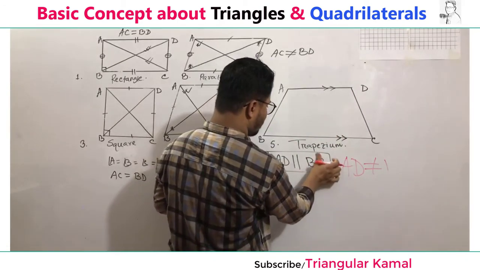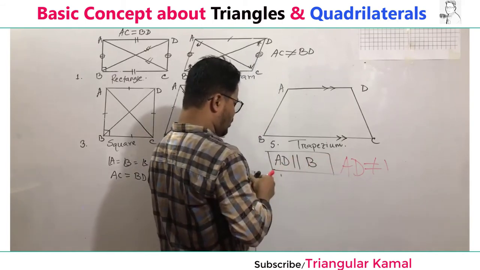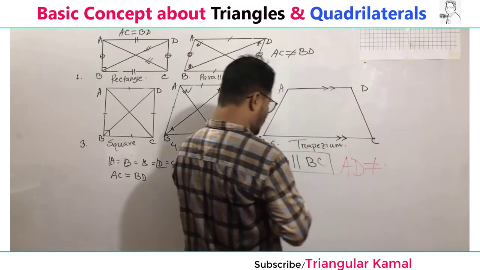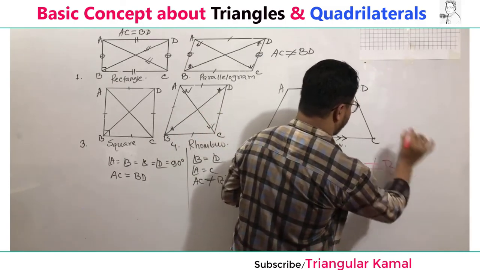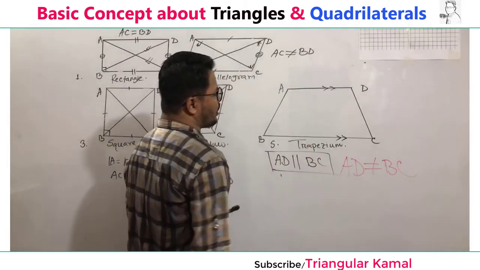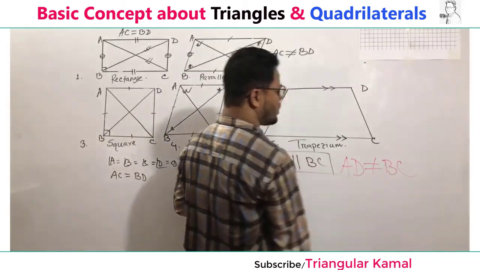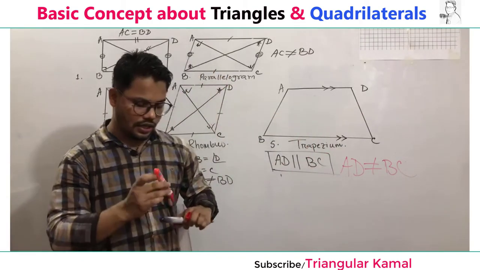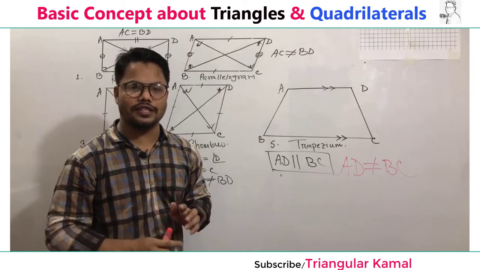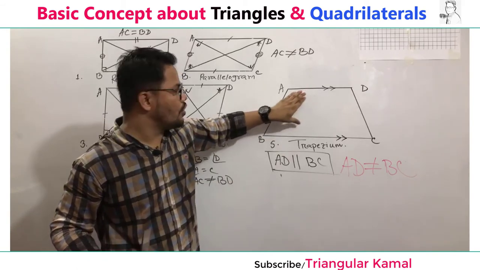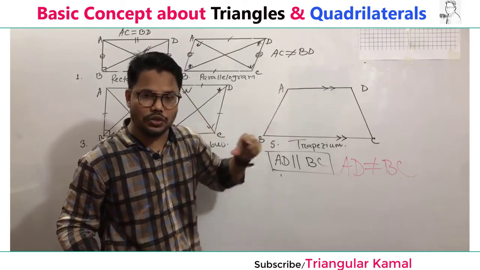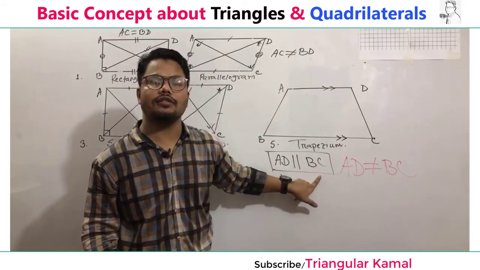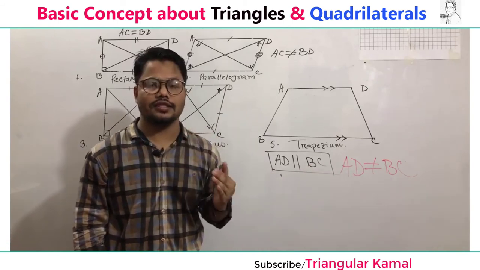Oh, sorry, this one is BC, and AD is not equal to BC. The two sides are parallel, and their measures are not the same. But the other two sides are not parallel. So you already know the definition of parallel lines. When the distance between two straight lines is always the same, they are called parallel lines. I think this is clear to you.